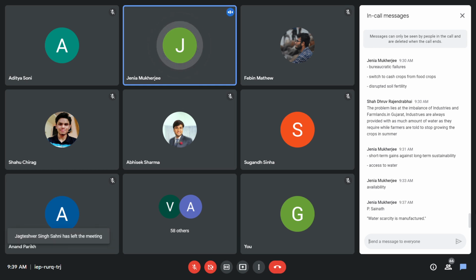So he gave these two examples showing how scarcity is actually manufactured.